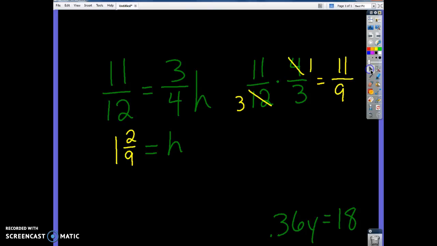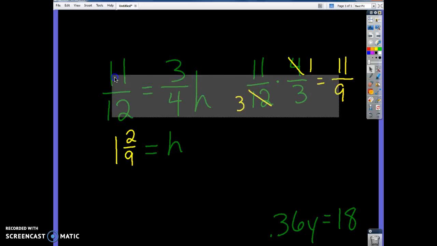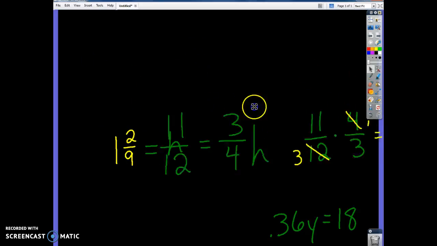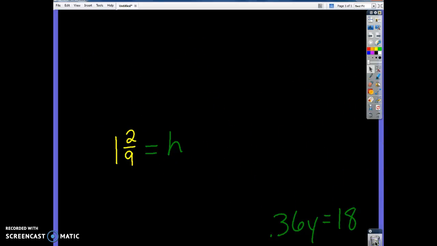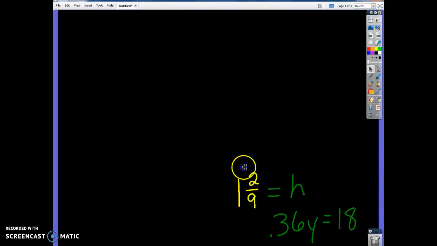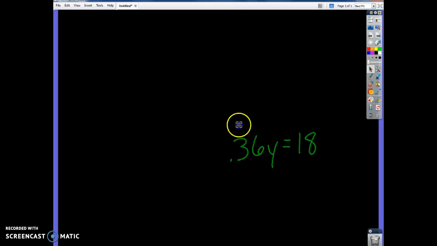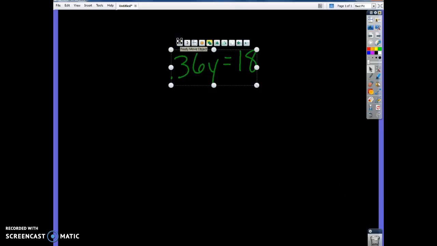I wanted to show real quick what it looks like with the decimal. Just pull all this out of the way. And so let's pull this decimal up here. Now, in this scenario, my variable is being multiplied by 36 hundredths.